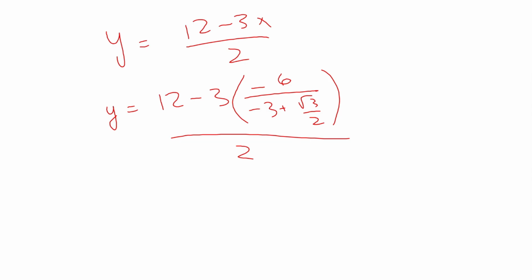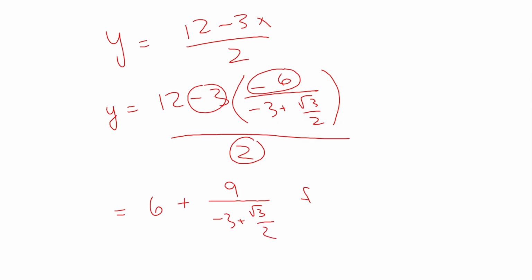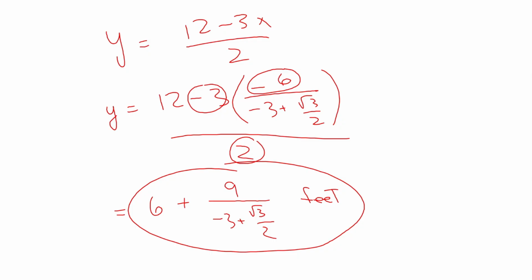But the 12 divided by the 2 should be 6. And then the negative 6 divided by the 2 should be a negative 3. And when I multiply that negative 3 by this negative 3, I should get a plus 9 over negative 3 plus root 3 over 2 feet as our y value. And so that should be our dimensions.